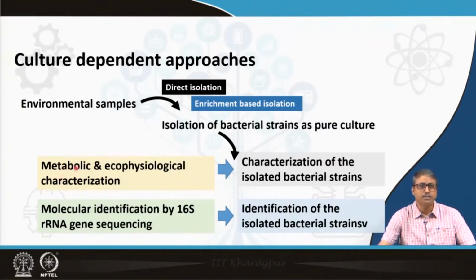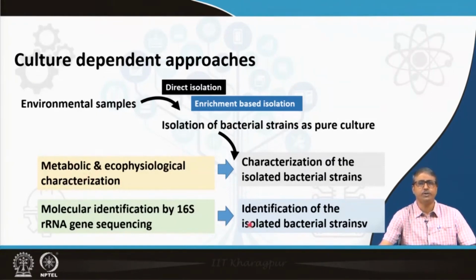Otherwise, the selection of these metabolic and ecophysiological characteristics is highly process driven. What is the process, what is the research objective, what is the technology that we are trying to develop, based on that these characteristic properties are selected.